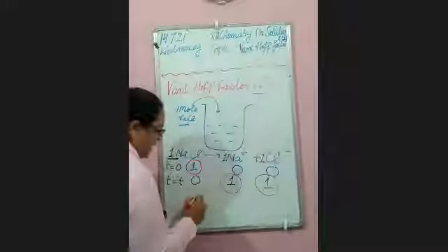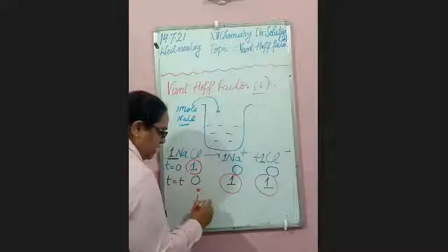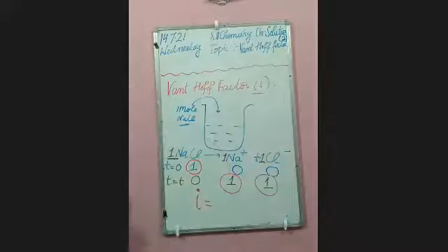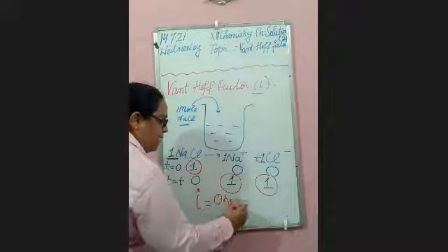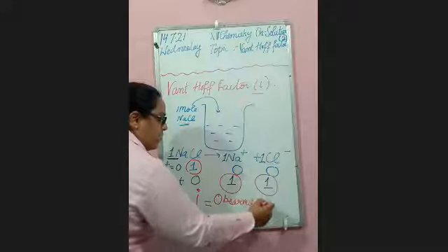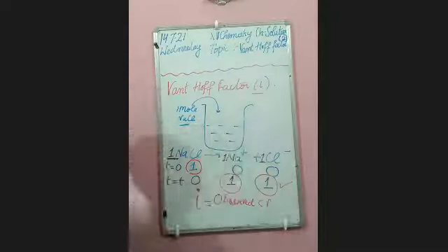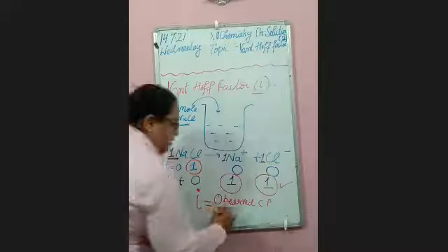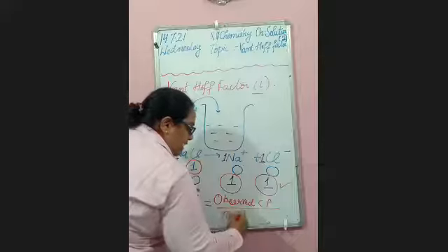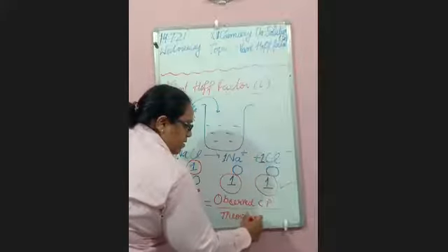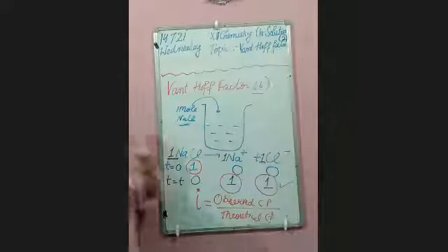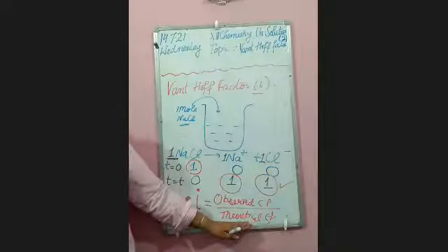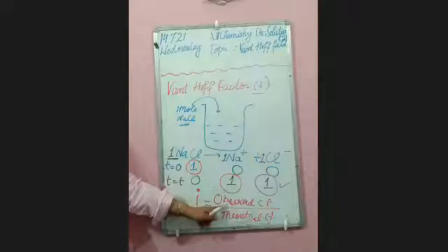So here comes our Van't Hoff factor, whose value is equal to observed colligative property over theoretical colligative property. What we are expecting, what is actually coming.